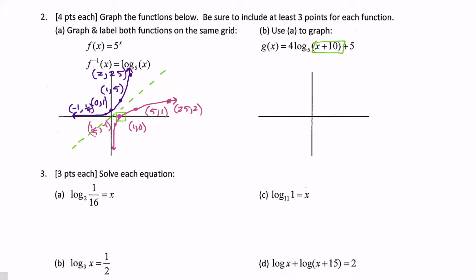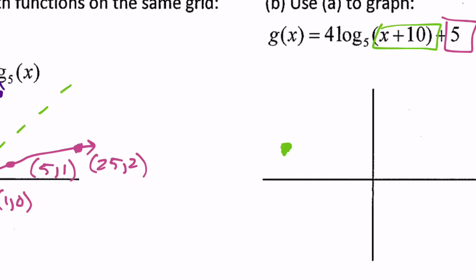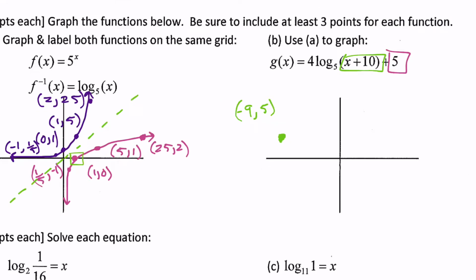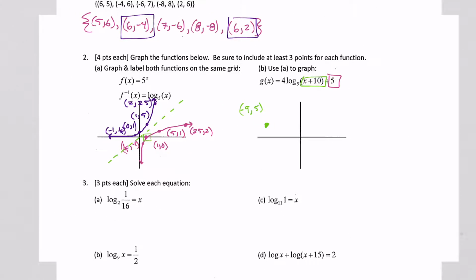And what's the new y value going to be? Well, it was at 0, but we were adding 5, so my y value has to be 5. So I'll get my first point. It's going to be over here at -9, +5 right there. Let's label it -9, +5. Use tick marks if you like tick marks.